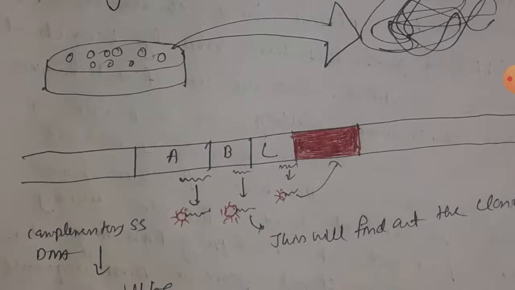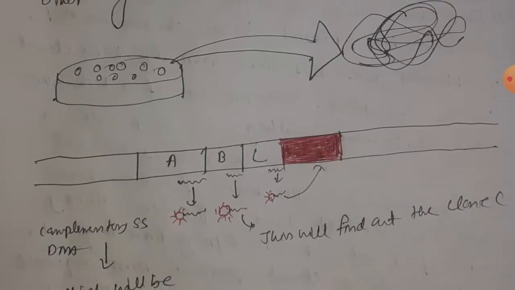that suppose you are finding out a gene of which you don't know anything, you just know about its function. That means suppose a particular genetic disorder is going on and you want to find out which gene is responsible for that. So first thing is that for that particular organism, you have to construct a genetic map.